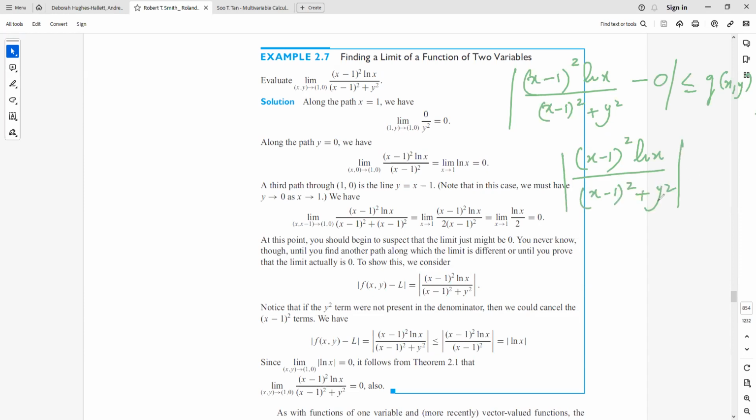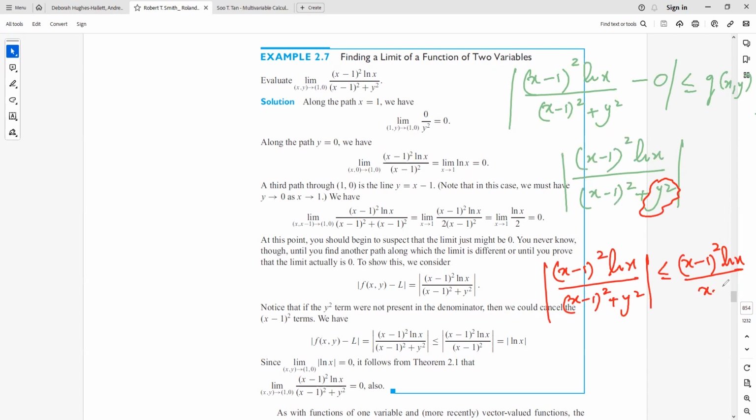Now again we can say that if we remove this y squared from here, what we are going to get is (x minus 1) squared ln x over (x minus 1) squared plus y squared is obviously less than or equal to (x minus 1) squared ln x over (x minus 1) squared, right?